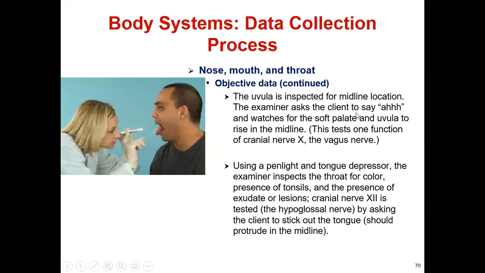Ask the client to say "ah" and watch for the soft palate and uvula to rise in the midline, using a pen light. So this clinician uses a pen light, and this is the tongue depressor. The examiner inspects the throat for color, presence of tonsils or not, and presence of exudate.